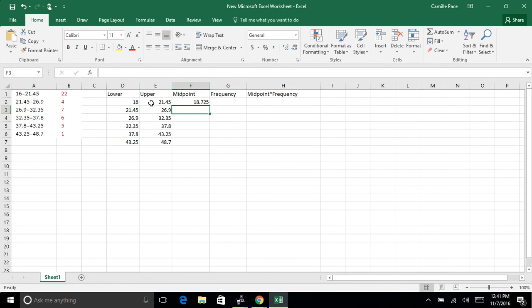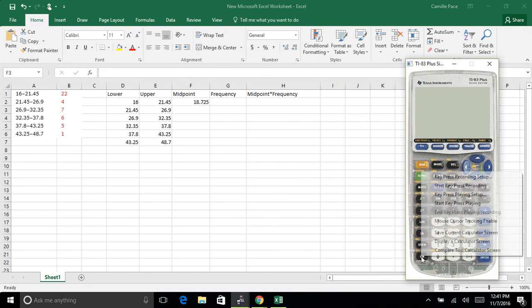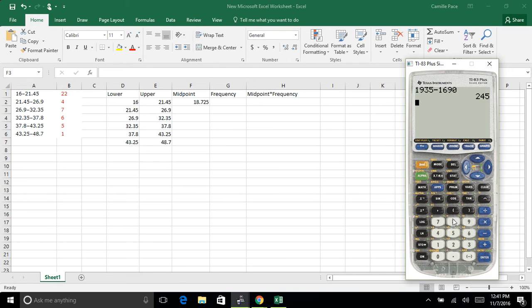If you were to do that by hand, you're going to put it in your calculator: parenthesis, 16 plus 21.45, enter, divided by 2, and that gives me the exact same thing. I'm just doing it with Excel. You can do it with your calculator, make a table, okay?